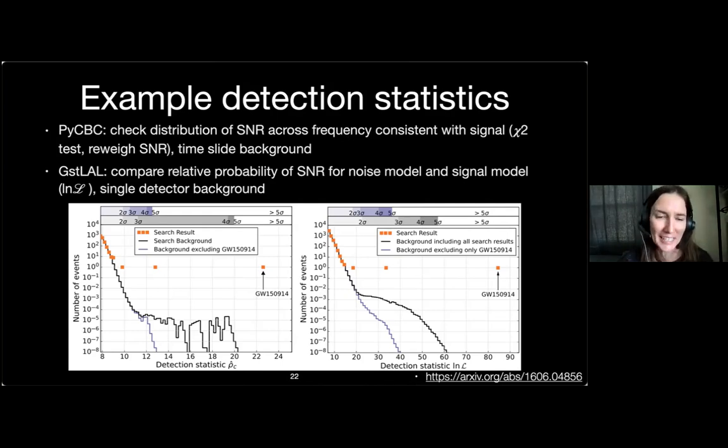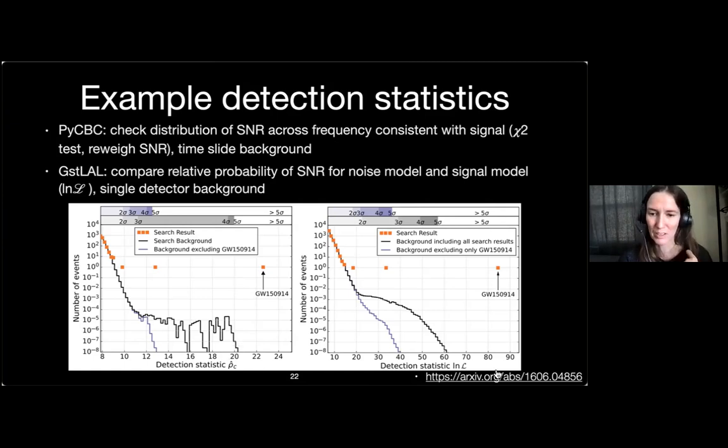Two of the particular techniques used would be to check that the signal to noise distribution as it accumulates across frequency bins is consistent with a kind of chi-squared test that's used to reweight the rho into the detection statistic that's compared to a background generated by sliding the results from the two detectors in time so that any coincidence is non-astrophysical, or by generating noise and signal models for a single detector and comparing a relative model probability, a log likelihood statistic, which is done in the GstLAL.